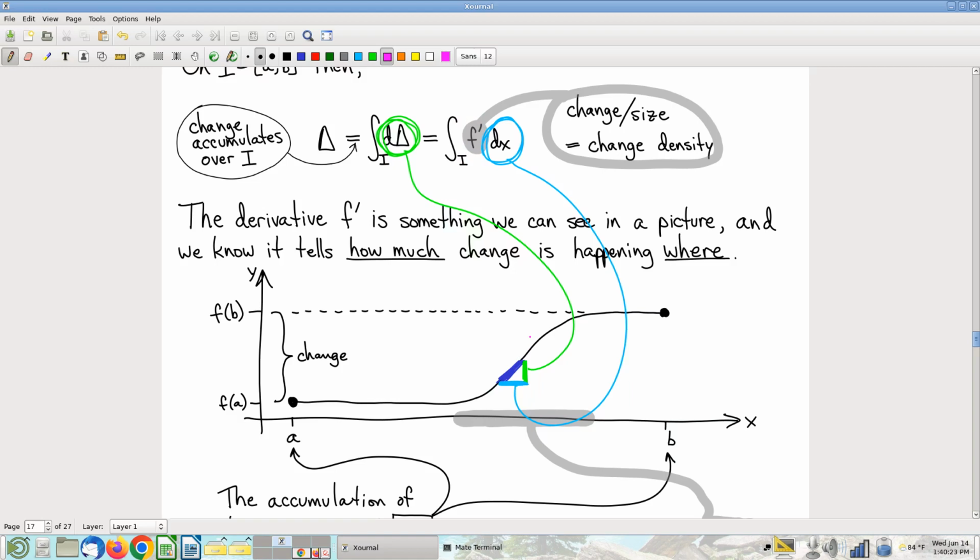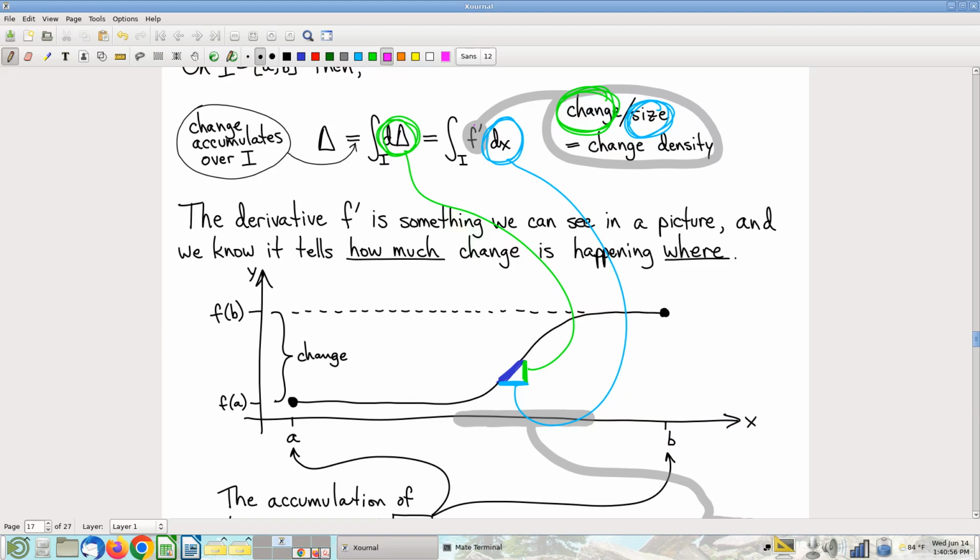And instead of thinking of this as a run or as a difference, think of it as a size. So all together here, I've got change, an accumulating quantity of change per unit size of a piece of the domain. So I've got stuff per unit size. Accumulating quantity, stuff per unit size, in this case length, but stuff per unit size is a density.